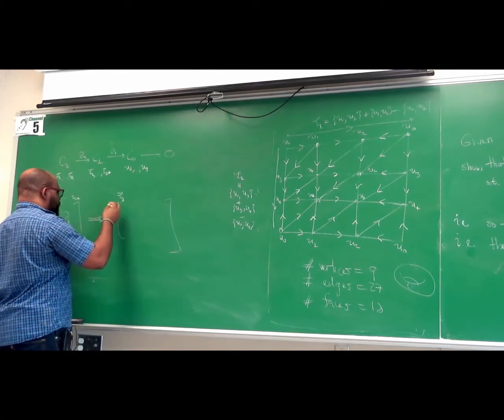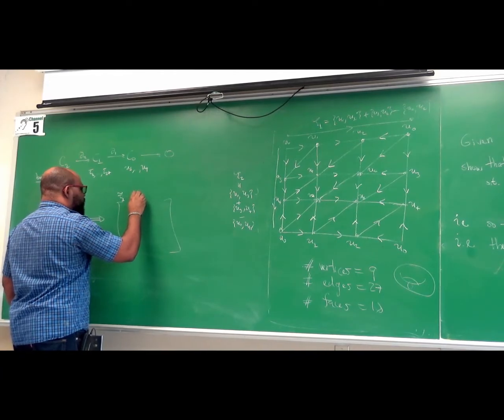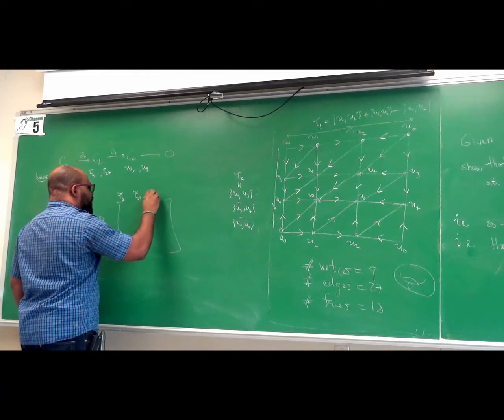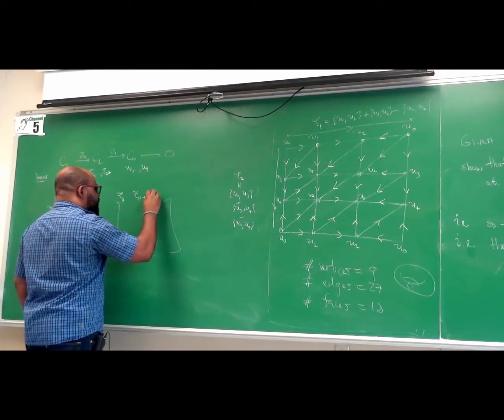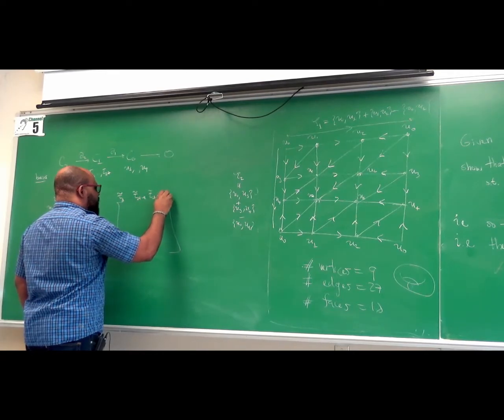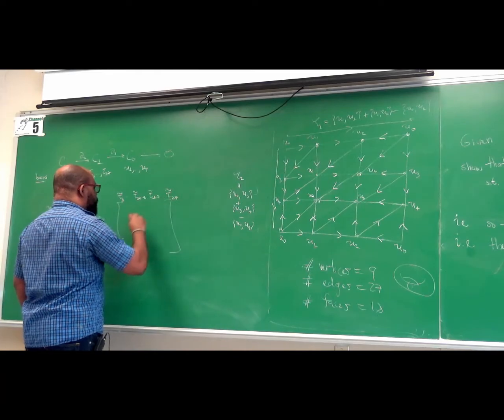You change your bases. Tau now 27 minus z. And then tau tilde 28 minus z, all the way up to tau 27.